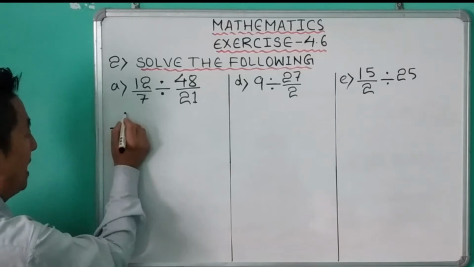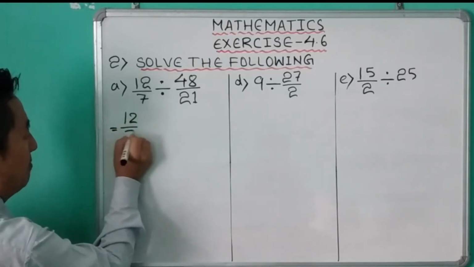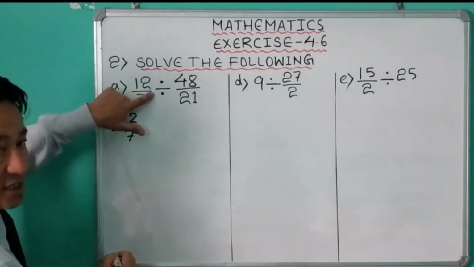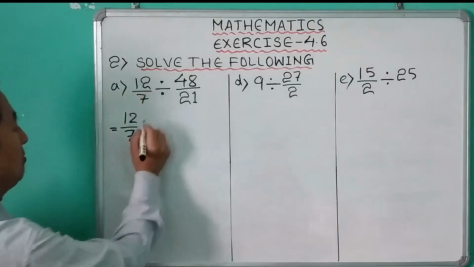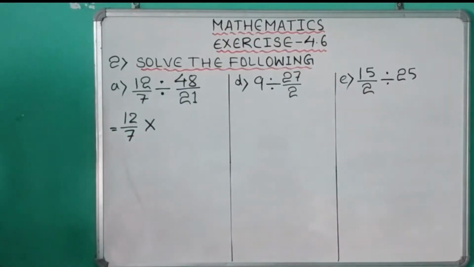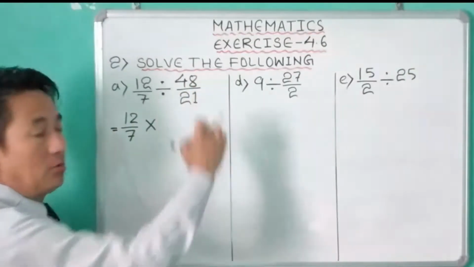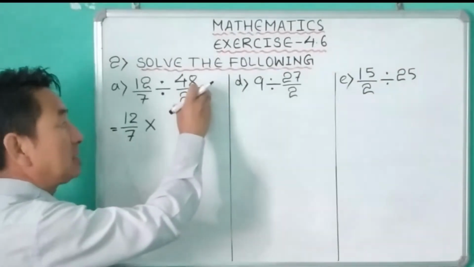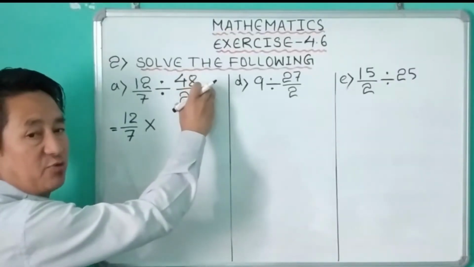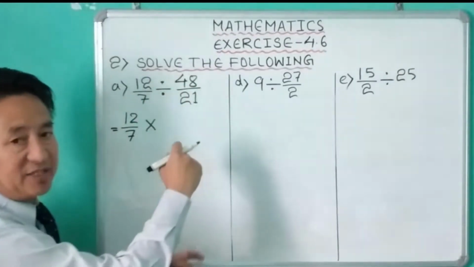Now here you can see 12 by 7 is divided by 48 over 21. First, this 12 by 7 will remain the same. Now this divide sign will change into a multiplication sign. Here after the divide sign there is the fraction 48 over 21. We'll write the reciprocal of this fraction, or we'll invert this fraction.